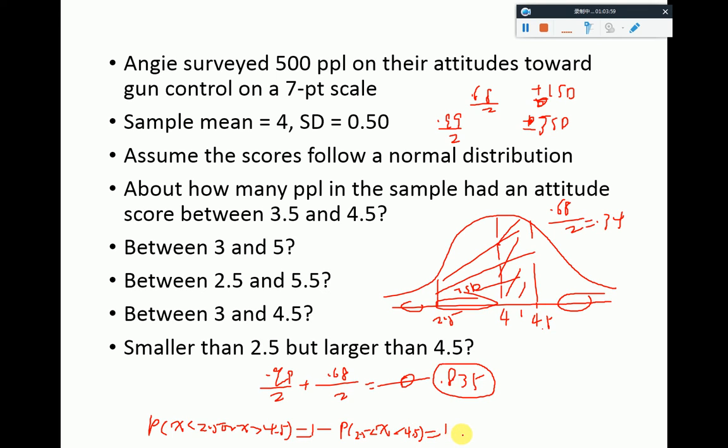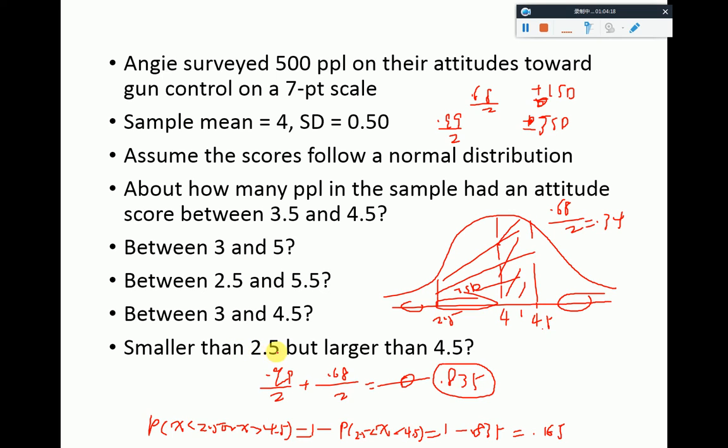Then it will be 1 minus 0.835. That will be 0.165.